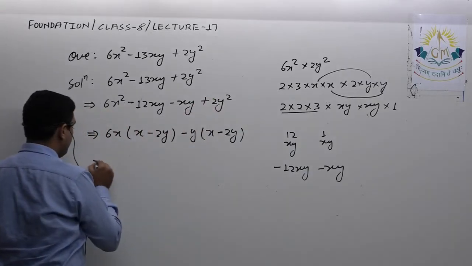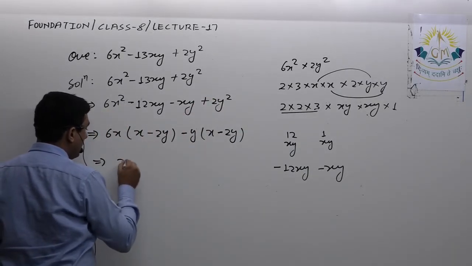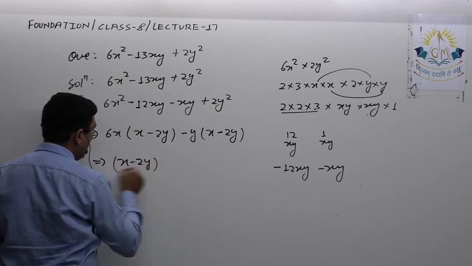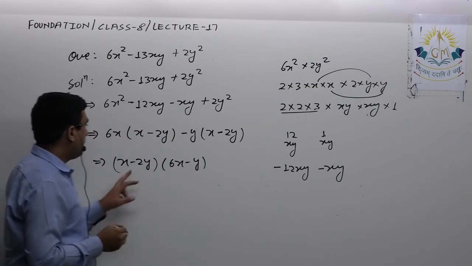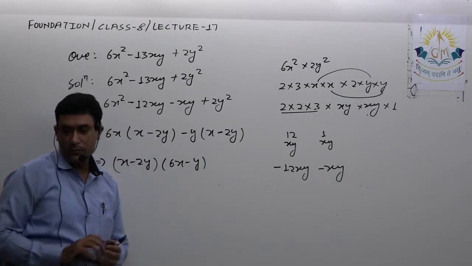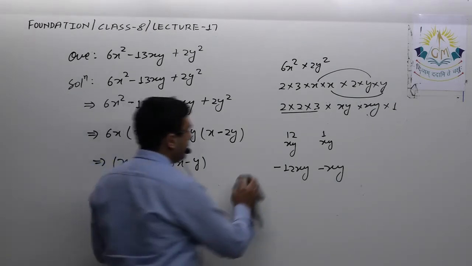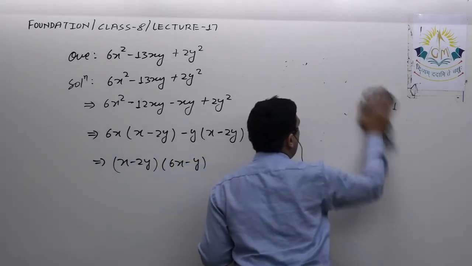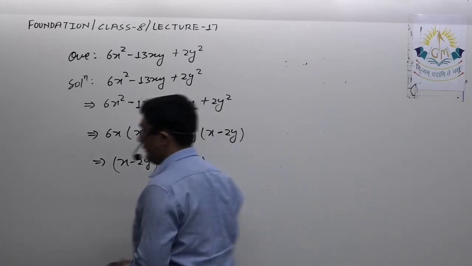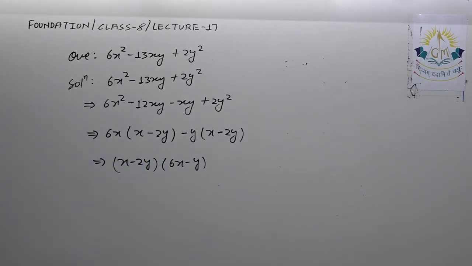Now x minus 2y is taken common, so here it is 6x minus y. So x minus 2y, 6x minus y. These are the factors of the given algebraic expression. So please note it down, then we'll see the next question.